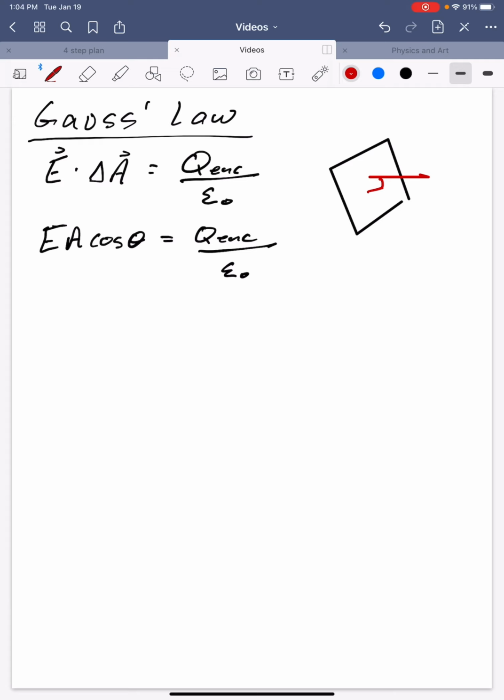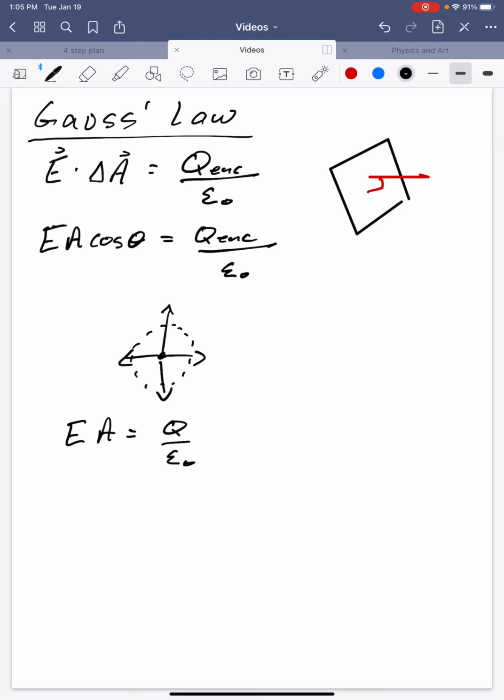And it's useful, and it's how we can get Coulomb's law. So if I have a point charge here and I think about the electric field coming out radially, and I draw a surface around the edge, well, now the electric field and area point in the same direction, so I can just say EA equals Q over epsilon naught.